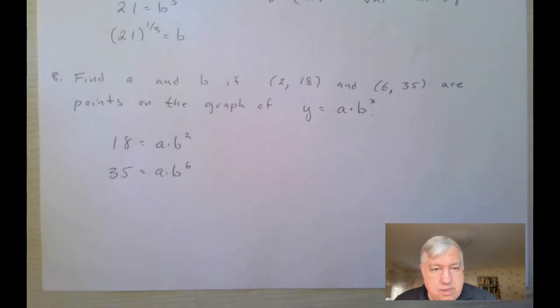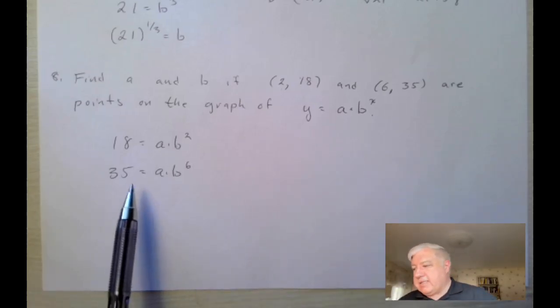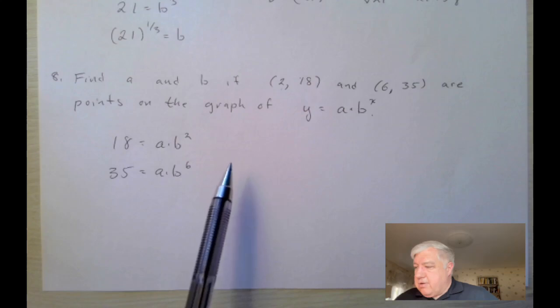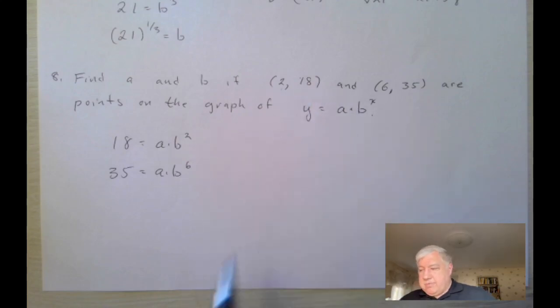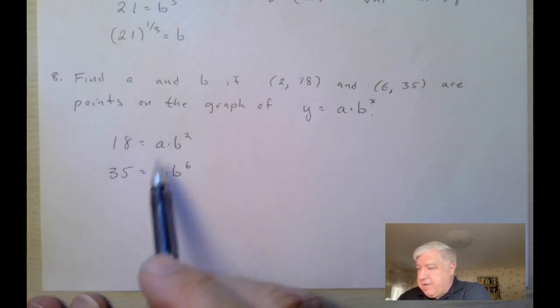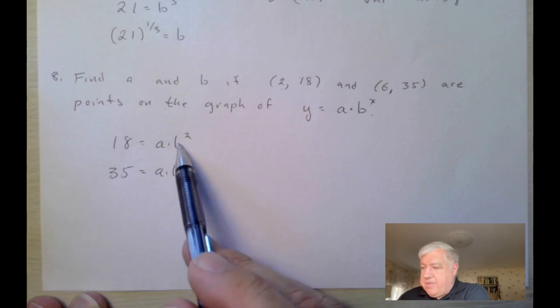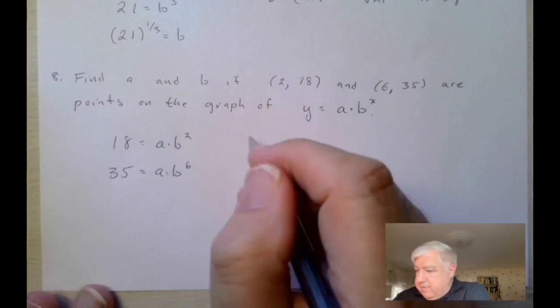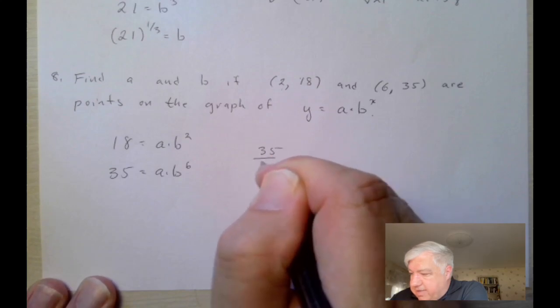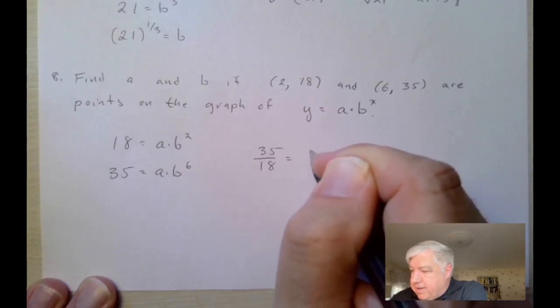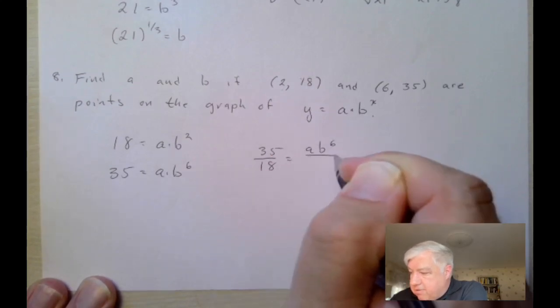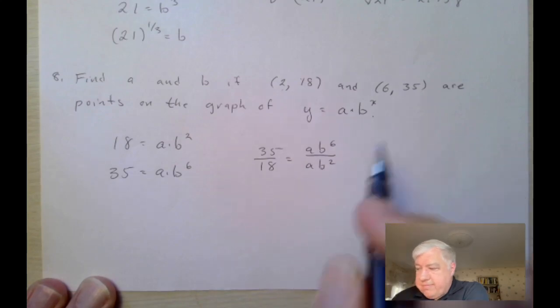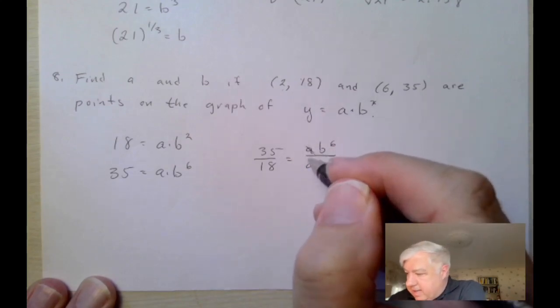All right. Now this is a little bit different because none of these was 0. However, what we can see is if we divide this by this, we can see the a's will cancel. In fact, if we get 35 over 18, that's the same thing as a b to the 6th over a b squared. And then you can see the a's cancel.